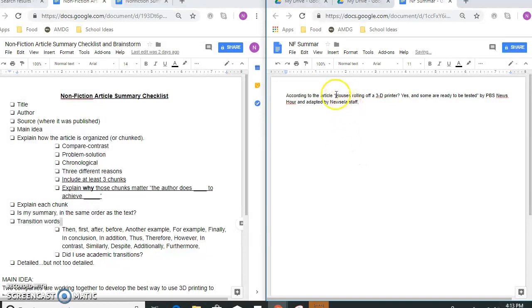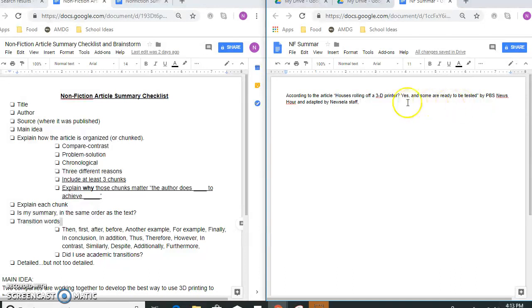So I included my full title of the article. Notice I didn't capitalize all the important words like I would for a title of a book. Instead, because it's an article, I only capitalized the first letters of the sentence in the title. And I have my author and source.